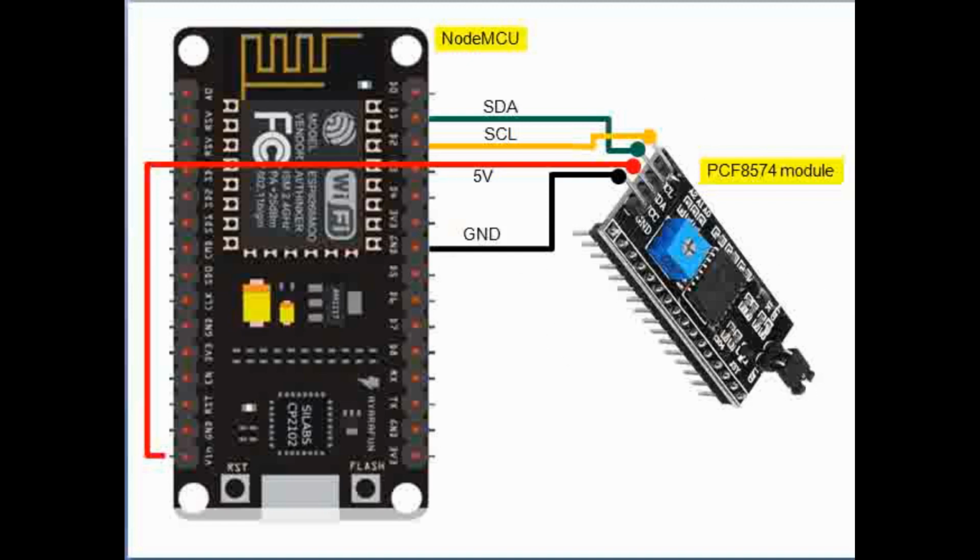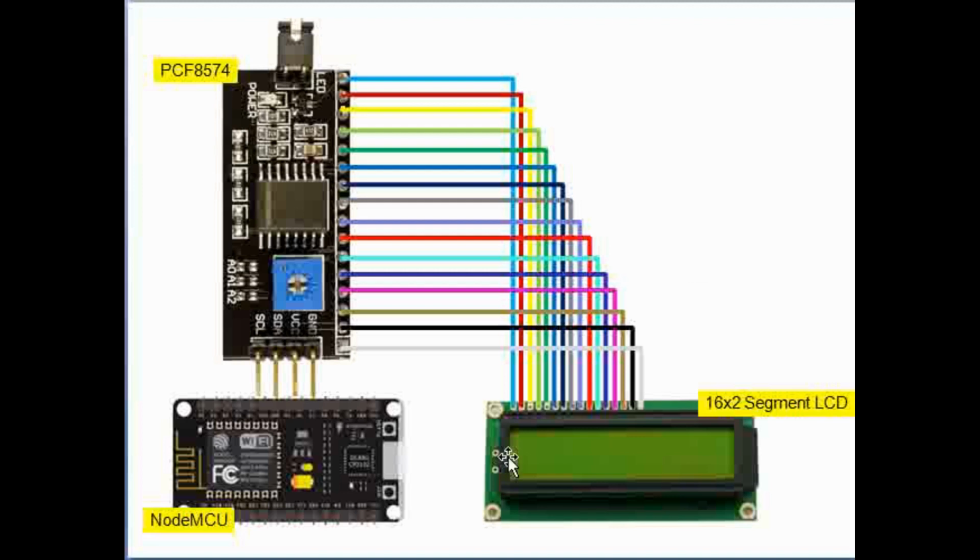So where are we going to connect the LCD module? If you see, this is how we are going to connect the LCD module. This is the interface between the NodeMCU and PCF8574, which we talked about in the previous page, and then the output pins are connected in the same sequence. If you have PCF8574, the easiest thing is you can have a Berg strip soldered to this and plug this PCF8574 directly.